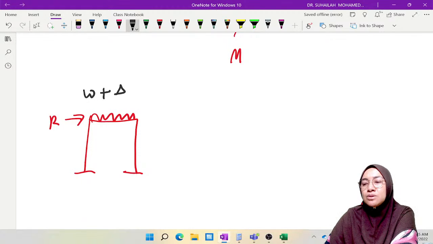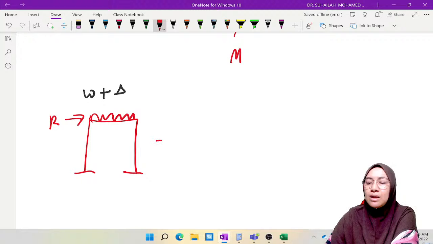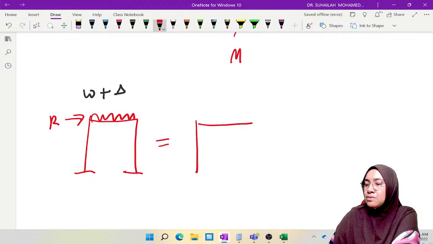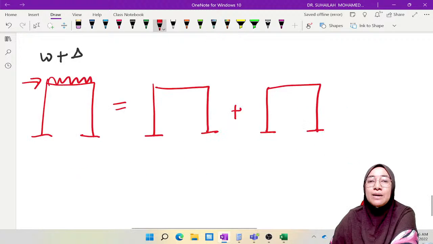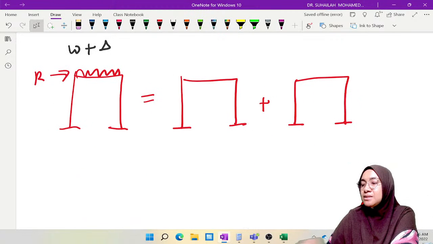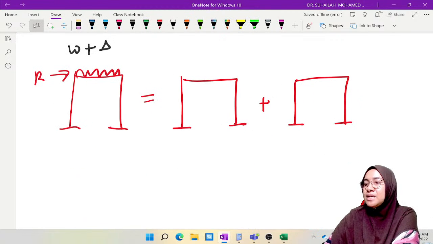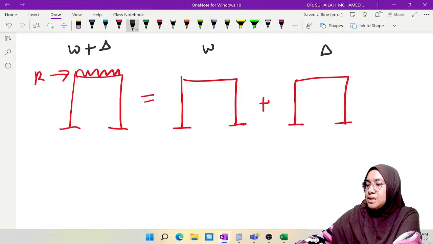Whenever we separate this, we have to separate using the principle of superposition. When we apply it, we have like this. It is due to W. This is due to delta.